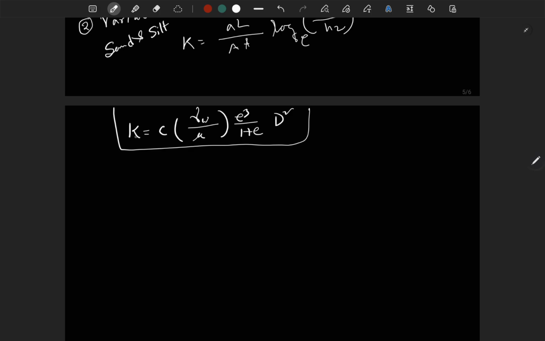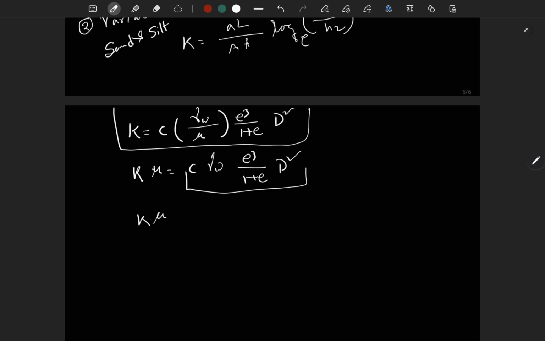In the same equation, everything will be constant; only because of temperature, viscosity will change. Then K into mu is equal to C gamma W e cube by 1 plus e, D squared. This part will be constant.